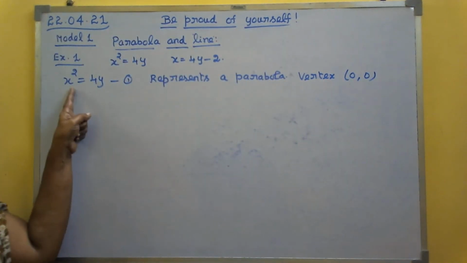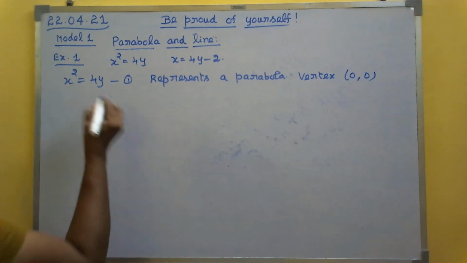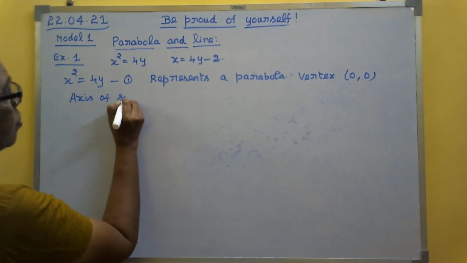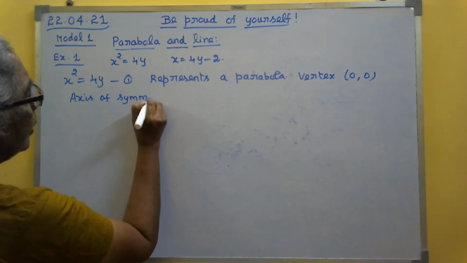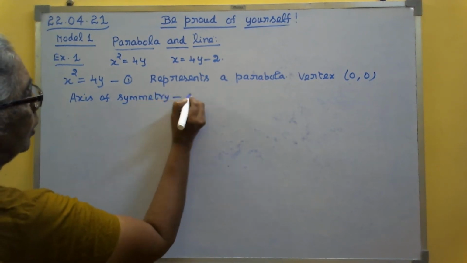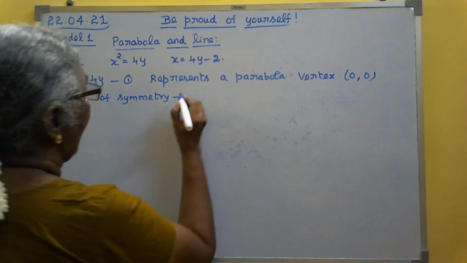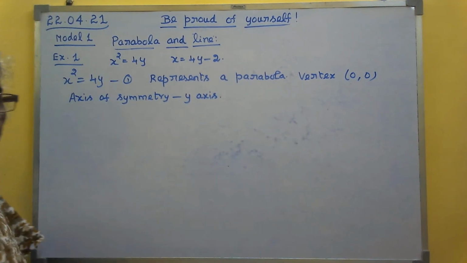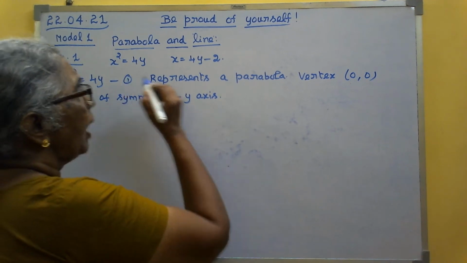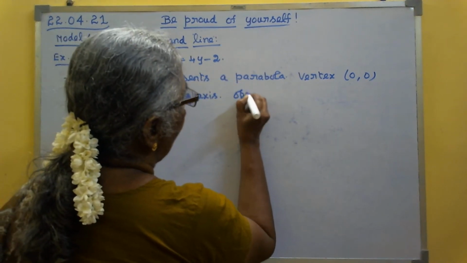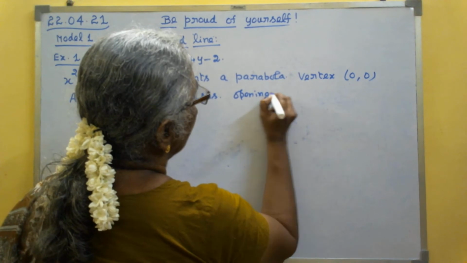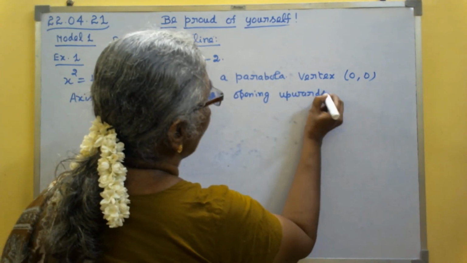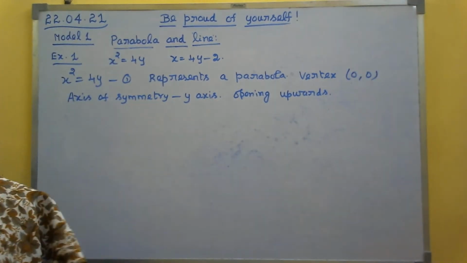Now it is x squared is equal to some y, so you know the axis of symmetry is the y-axis. If it is y squared is equal to, then the axis of symmetry will be the x-axis. The third point is how it opens. This is opening upwards. So these are the 3 points you have to write if it is a parabola.